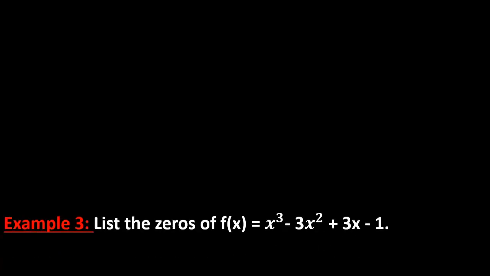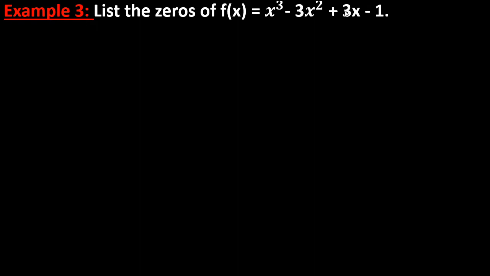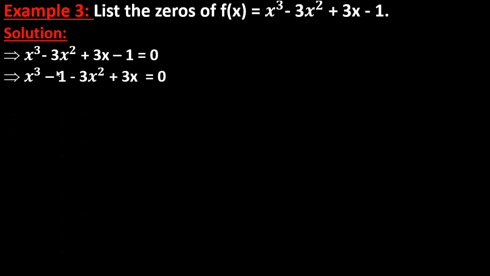Let's proceed to the third example. We have a degree 3 polynomial here, and we're asked to find its zeros. So let me write down the degree 3 polynomial first. x to the third minus 3x squared plus 3x minus 1 is equal to 0, and we can write this as x to the third minus 1 minus 3x squared plus 3x is equal to 0.